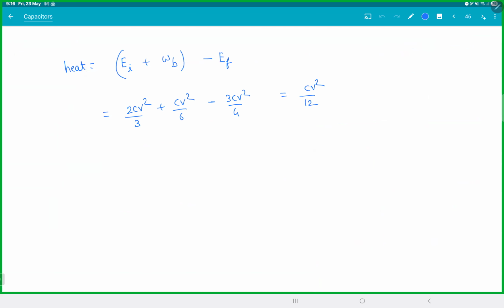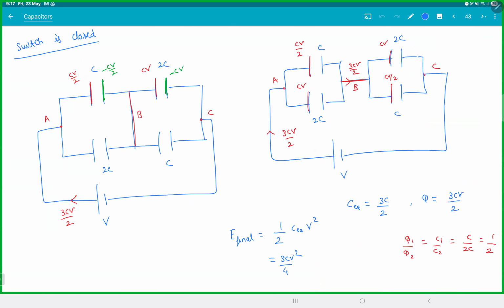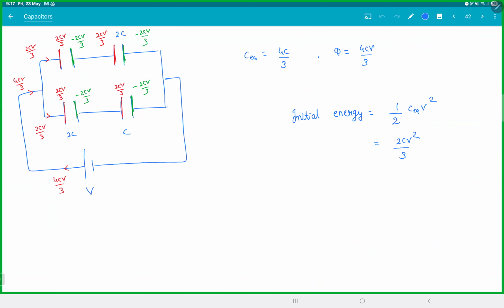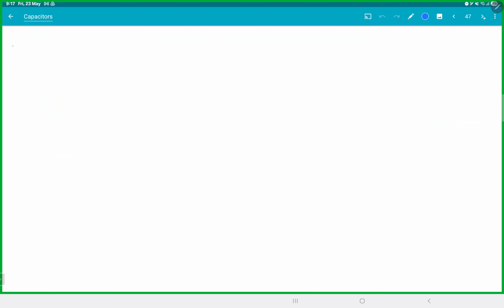Next one. Now, if you see, we did nothing here, just series parallel. Now, let's see another technique. Sometimes you'll see circuits like this.